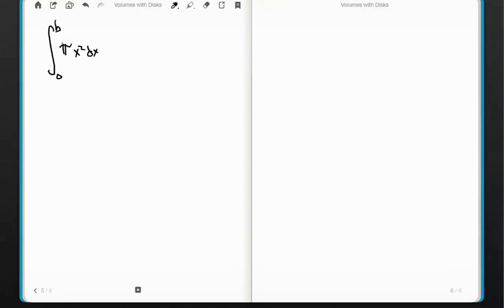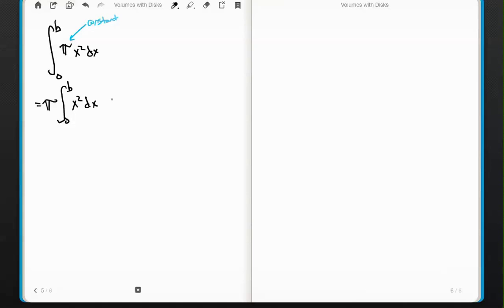Well, I can pull the pi out of there because that's a constant. Let's make a note of that. So I'm going to rewrite this as pi times the integral from 0 to b of x squared dx.